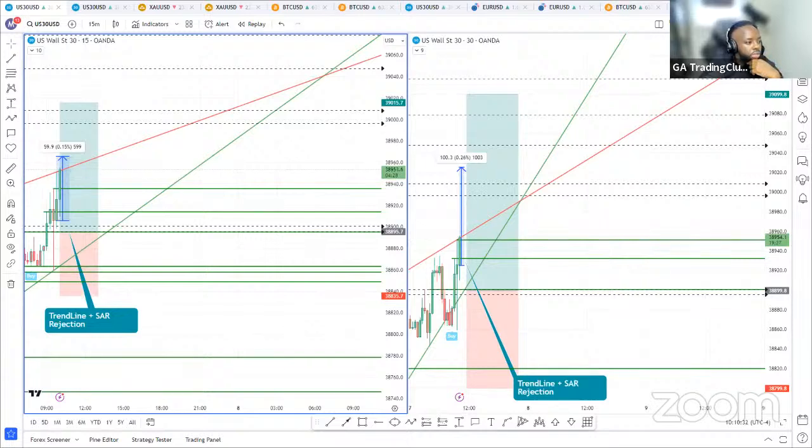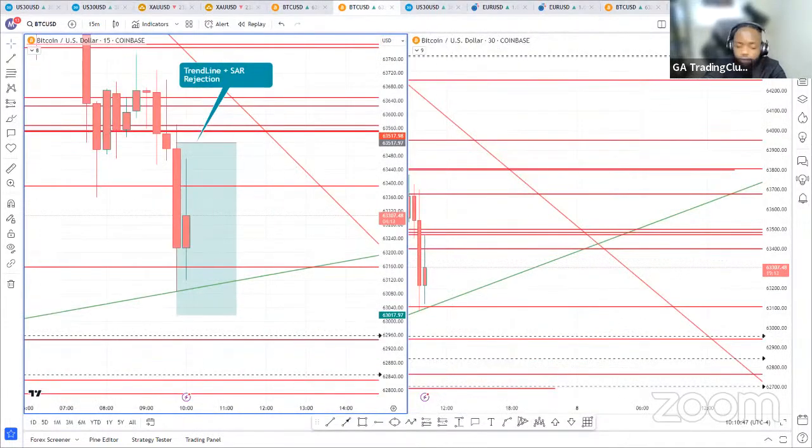Gold is, let's see for gold. Adjust this 15 minutes apply. All right, let's see BTC, if BTC comes down further.